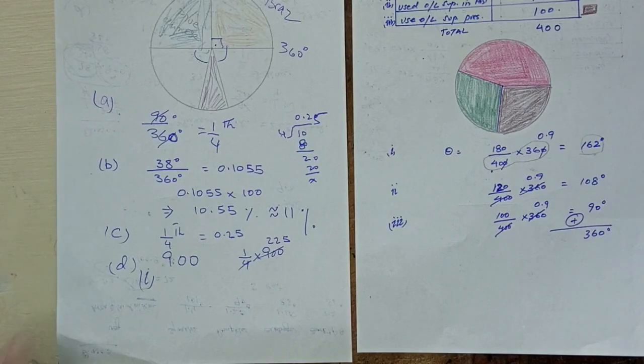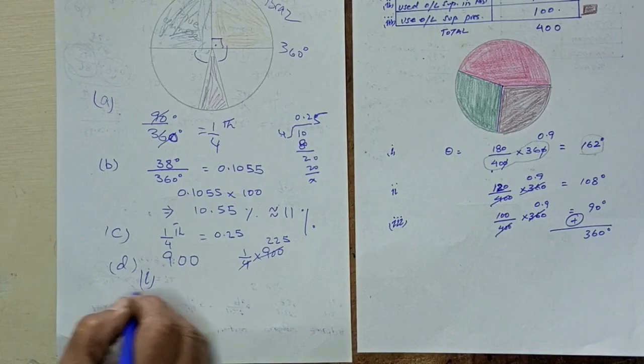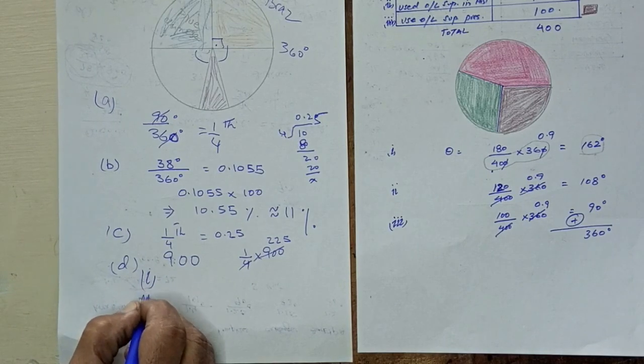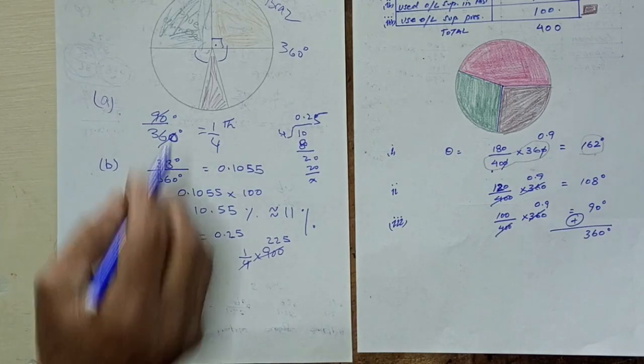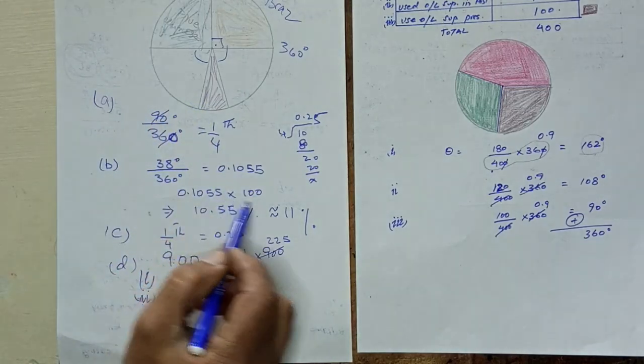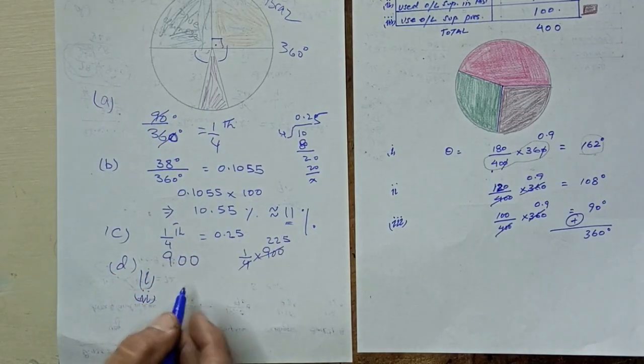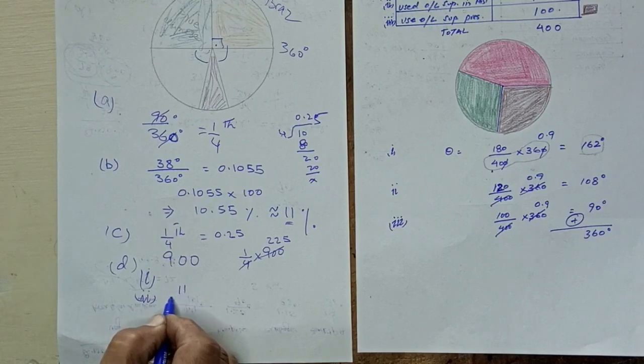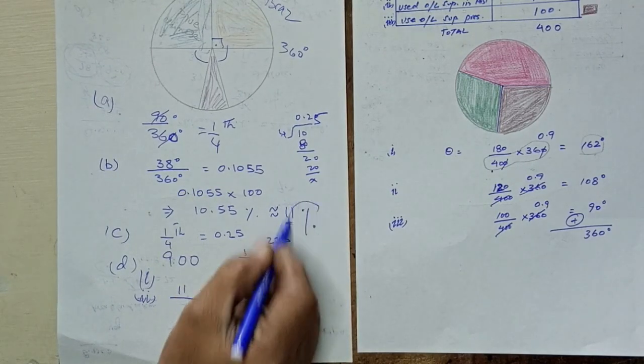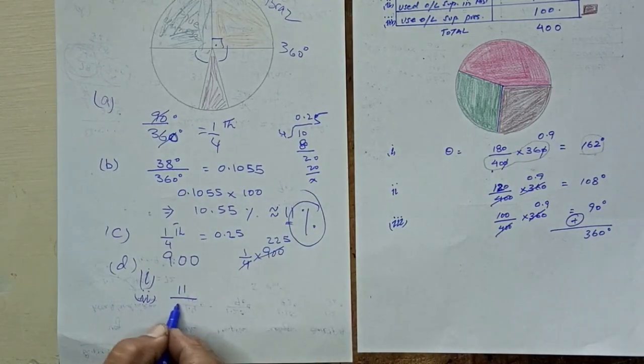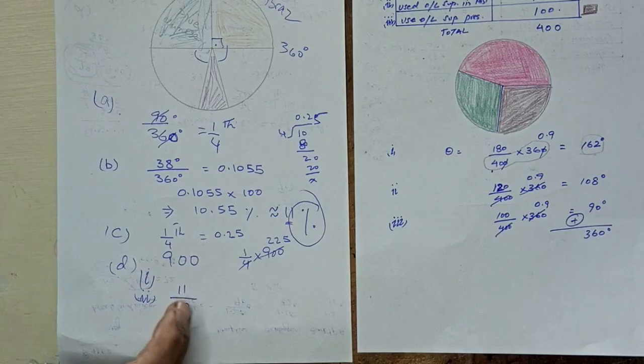And for the Indian students, in part 2 of D, you know that the Indian students are 11%. So removing the sign of percentage, I told you in my last lecture that 11% means 11 for every 100.